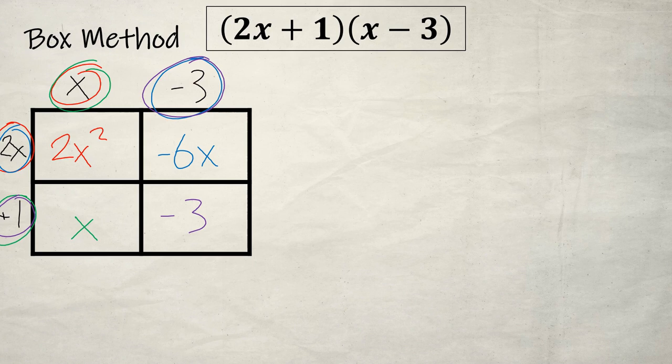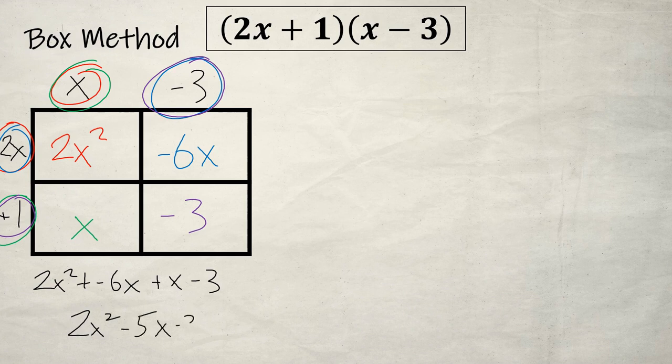So now I'm going to go ahead and add these all together. So I have 2x squared plus a negative 6x plus x minus 3. I can combine those x's, so I'm going to get 2x squared minus 5x minus 3. That right there is my answer.